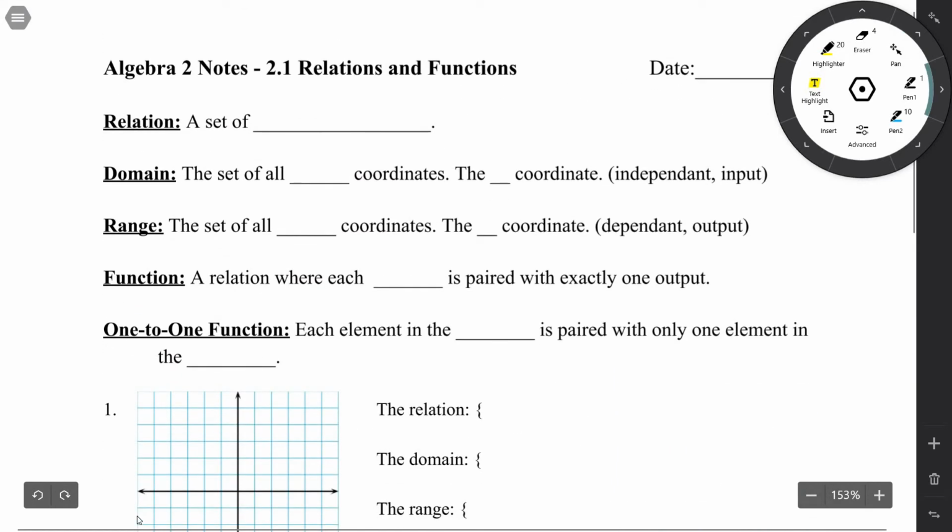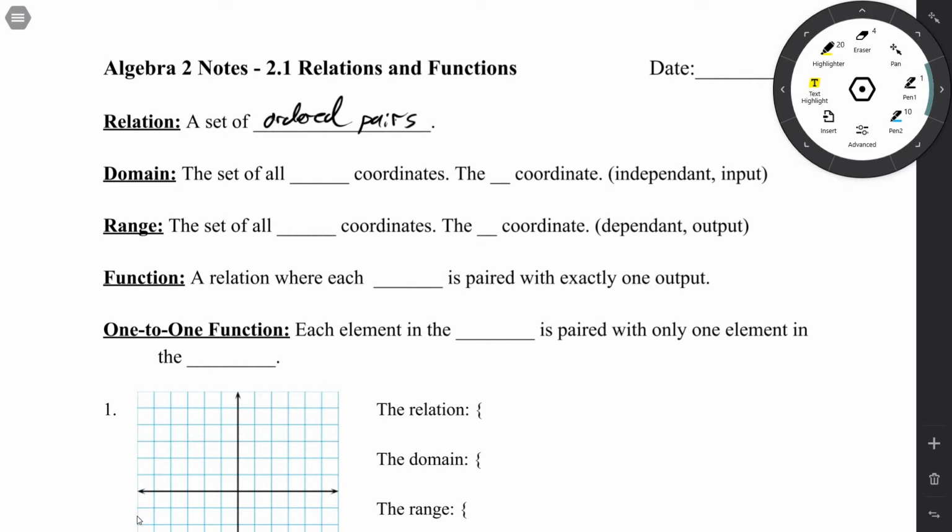First thing we would need to do is, what is a relation? Well, that's just a set of ordered pairs. This can be a huge number of ordered pairs, or it could be just a single ordered pair. So (3, 2), (5, 7).